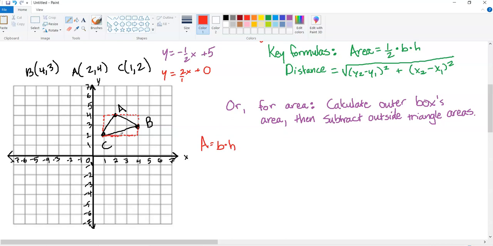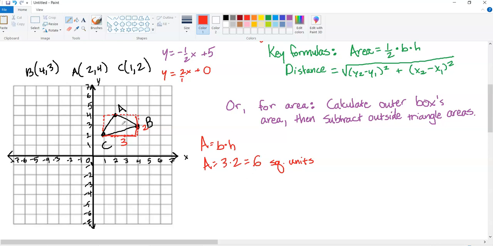In this case, my base is 1, 2, 3 squares, and 1, 2 squares up. So my area equals 3 times 2, which is 6 square units. Most grid paper you'll use will be centimeters, so you can write centimeters squared.